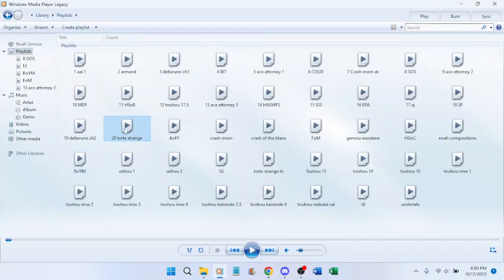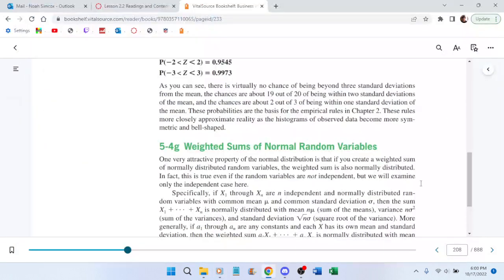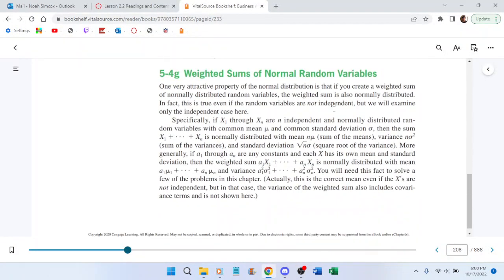Is that going to be on a quiz? If X1 through Xn are n independent and normally distributed random variables with the common mean and common standard deviation, the sum of all variables is normally distributed. The sum of the variables is normally distributed.